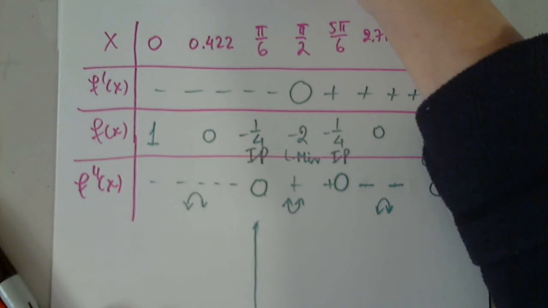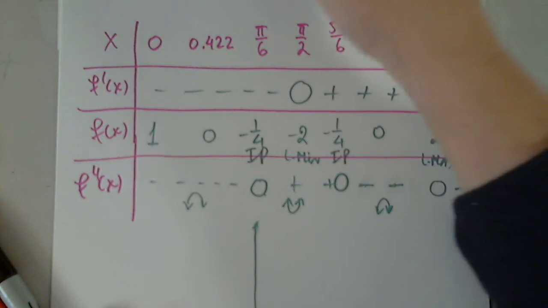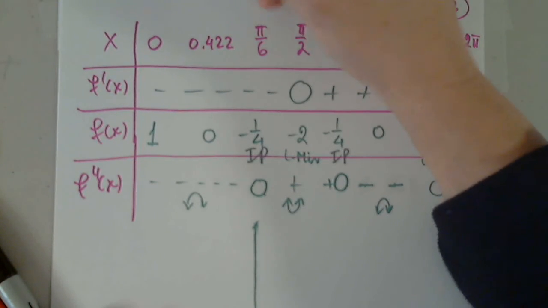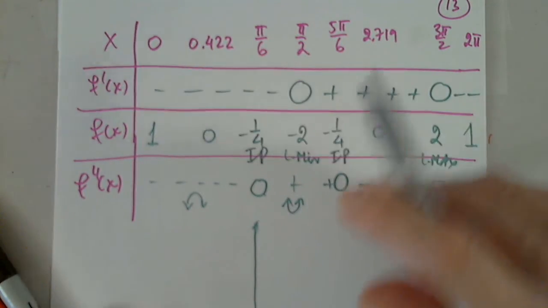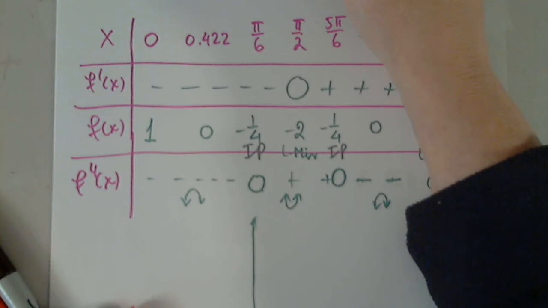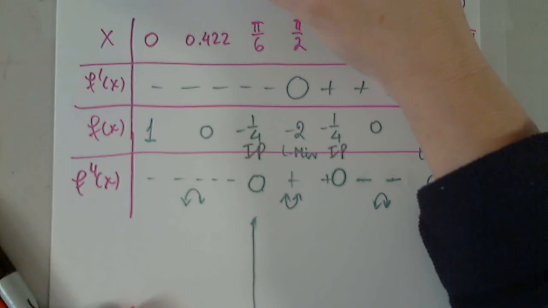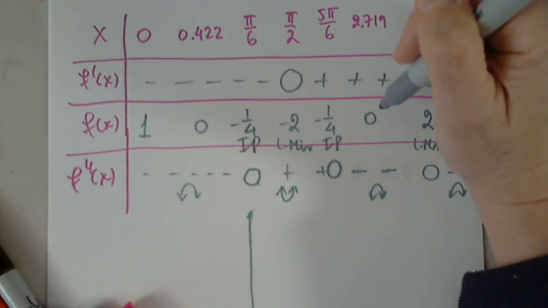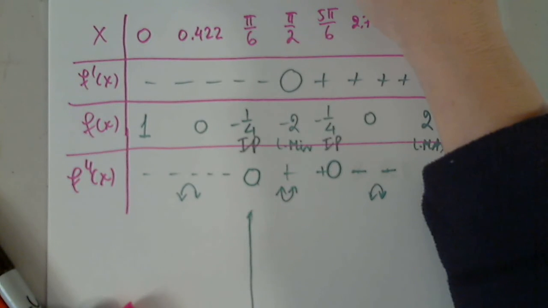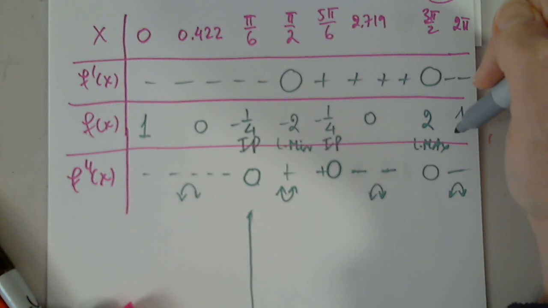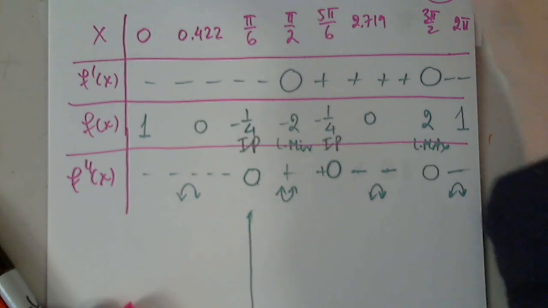I didn't mean to make it so, I really want it closer, but that's fine. Opening up, going to another point of inflection, which is 5 pi over 6, negative 1/4, where it changes concavity. It crosses the x-axis at this point, changes concavity here, crosses the x-axis, and going to a local max, opening down and increasing to 2.